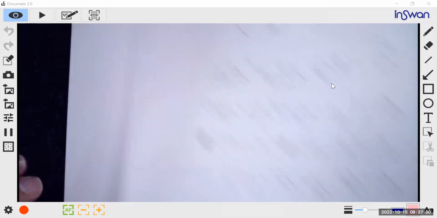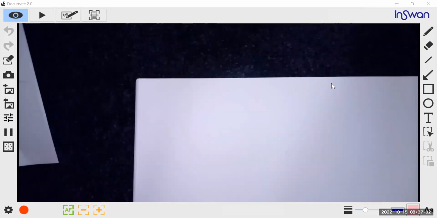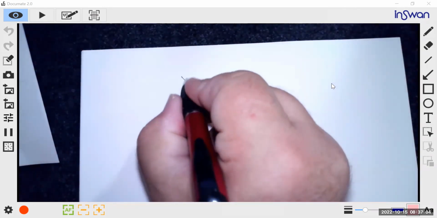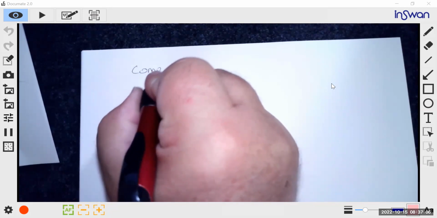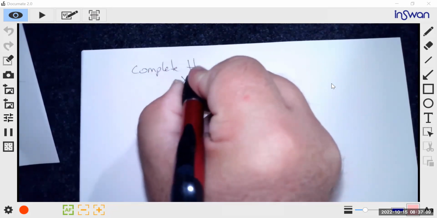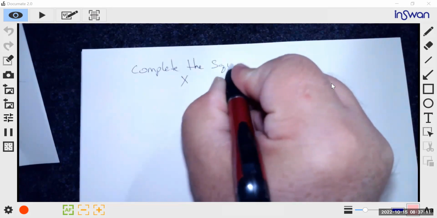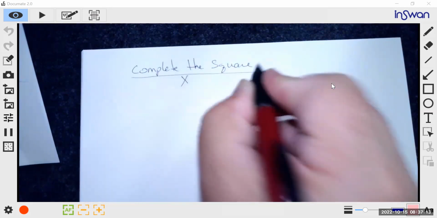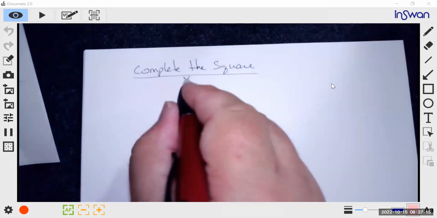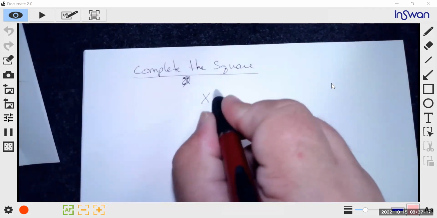All right, let's look at complete the square now. Because we went over these last time, I'm just reviewing really quick.